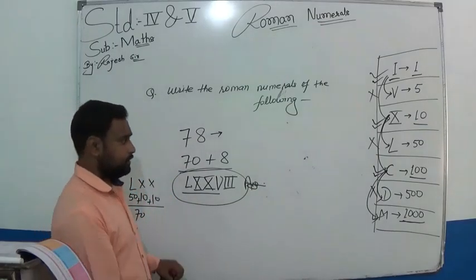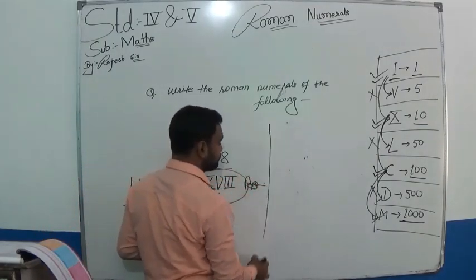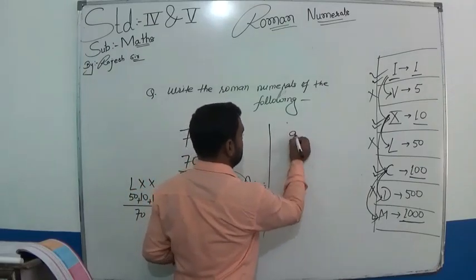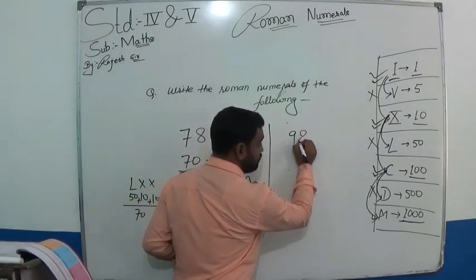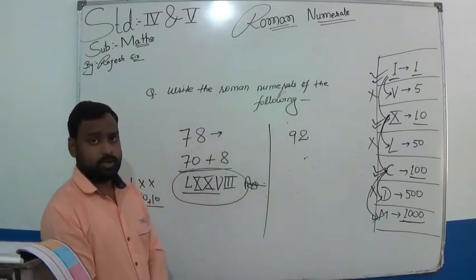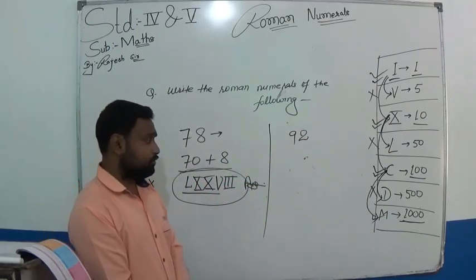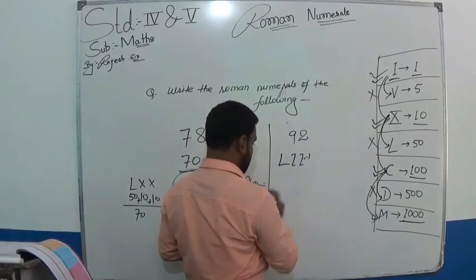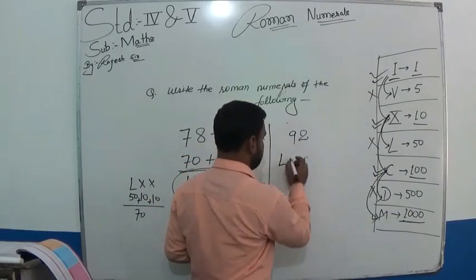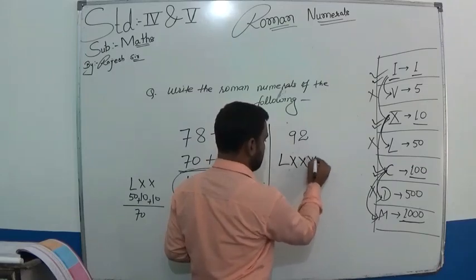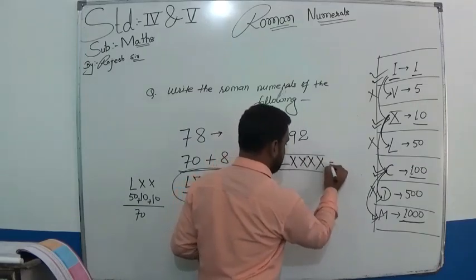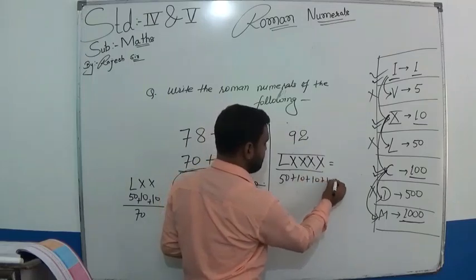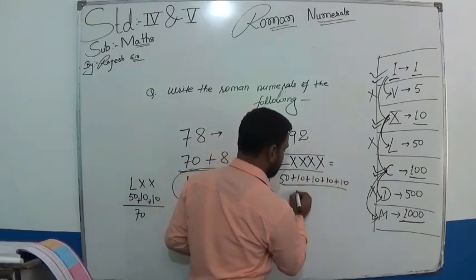See one more example for class 4. You have to write 92. You know very well we can't write like this for making 90. Can it be 90? 50 plus 10 plus 10 plus 10 plus 10 equals 90?